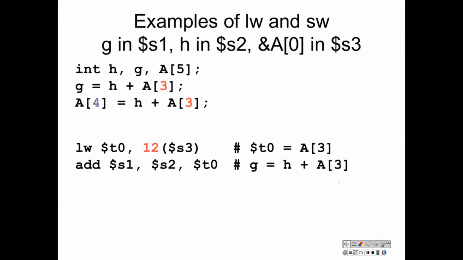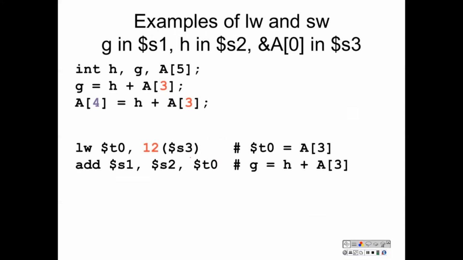Here's an example of load word and store word instructions. Consider that the registers have been allocated so that the variables here declared as G, H, and I are stored in $s1, $s2, and $s3, and the base address of A[0] is in $s3.